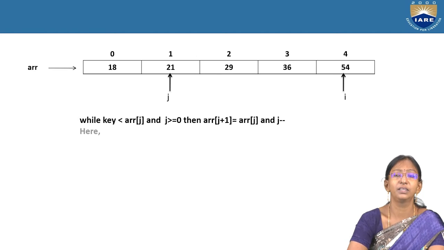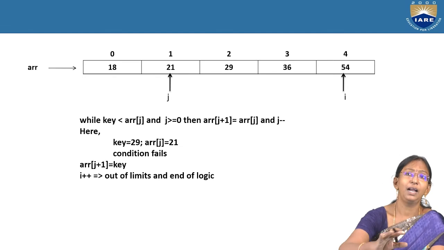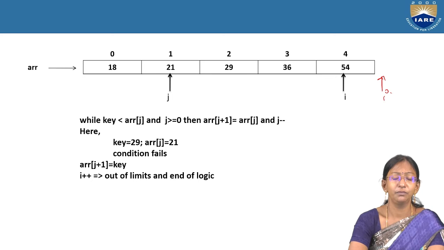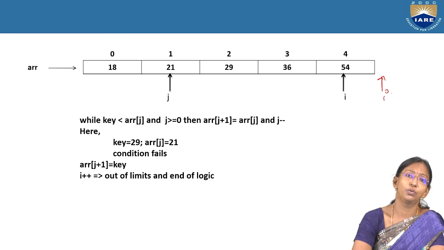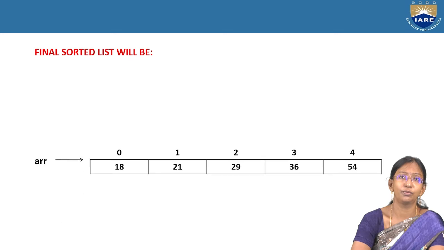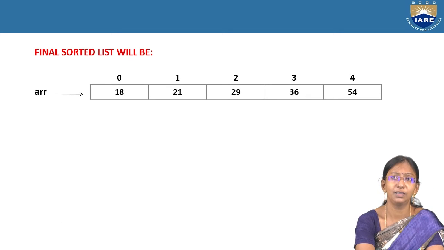The condition we last got failed, and if I increment I, it will point to an element which is out of the list, right? So there goes the end of my logic, and the final list is in your hands. The final sorted list is 18, 21, 29, 36 and 54.